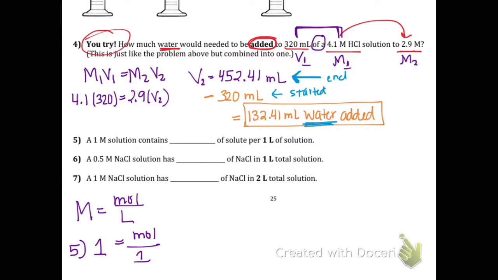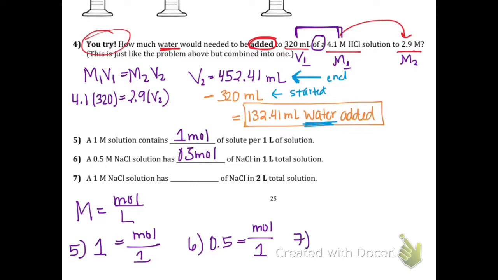So how many moles of solute do you have? You have 1 mole. Like for number 6, if you have 0.5 here, and you want to know the number of moles over 1 here, then what divided by 1 gets you half? Right, it's going to be half a mole.